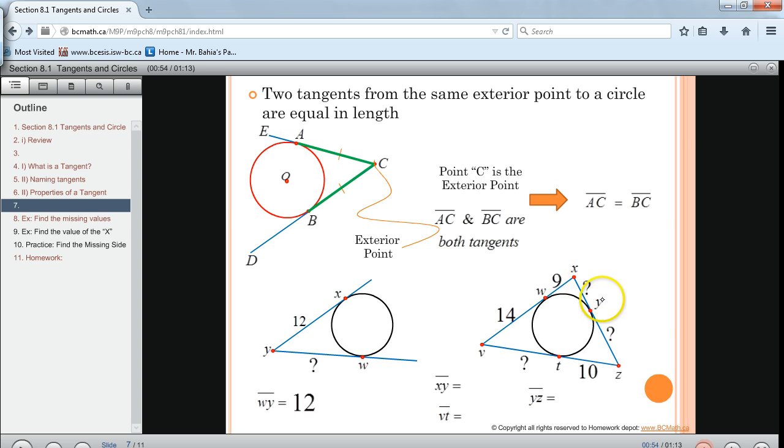That should also be 9. And it is. Let's do the next two together. WV and VT. Well, if that's 14, and that shares the same exterior point, that must also be 14. There you go. And if that is 10, TZ, YZ, because it shares the same exterior point, must also be 10.